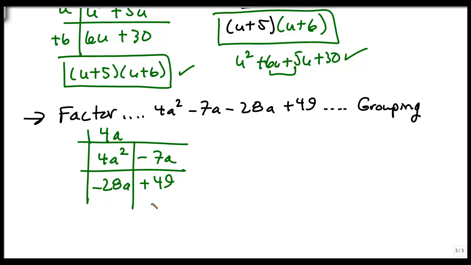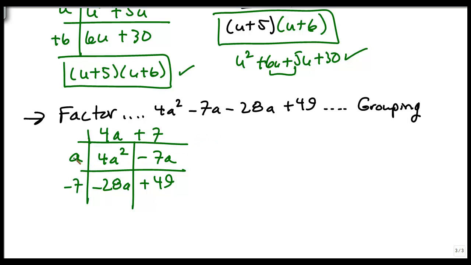Greatest common factor in my second column is a negative 7a and a 49, so the GCF between there would be a plus 7. Now over here the GCF is going to be an a, and over here my GCF between the negative 28a and the plus 49 is going to be a negative 7.